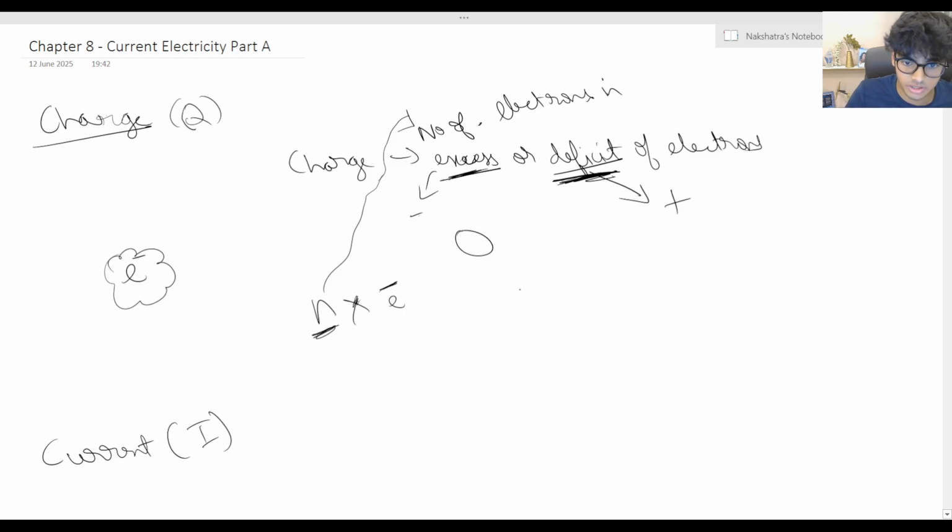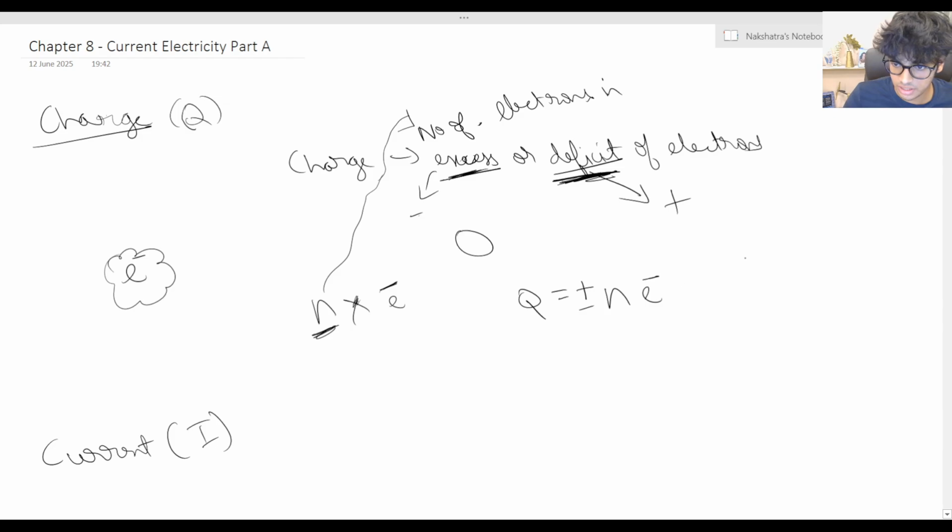So we represent charge as Q, and numerically this charge will always be equal to the number of electrons in excess or deficit multiplied by the charge of one electron. Now we know that charge can be positive or negative, so we'll put a plus minus here, right?